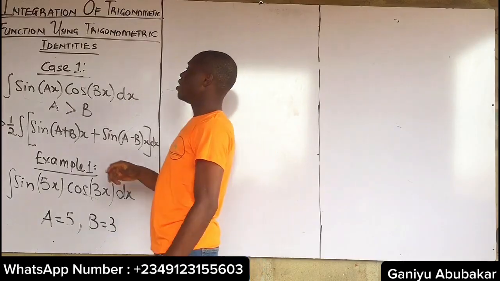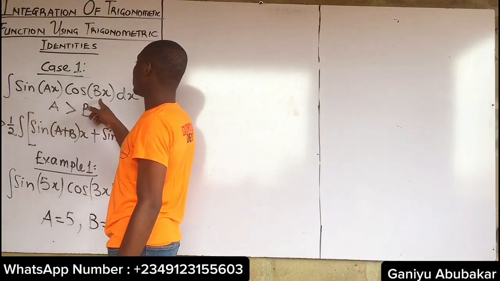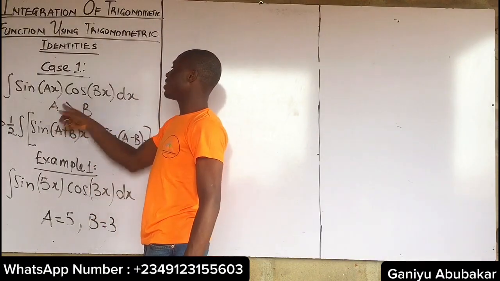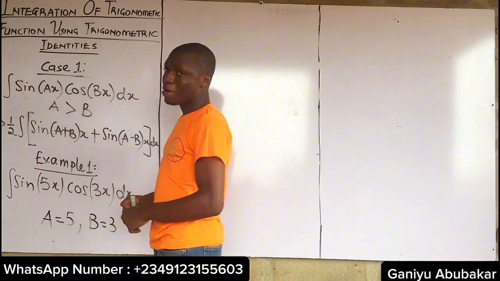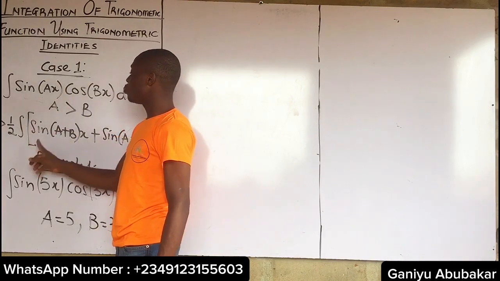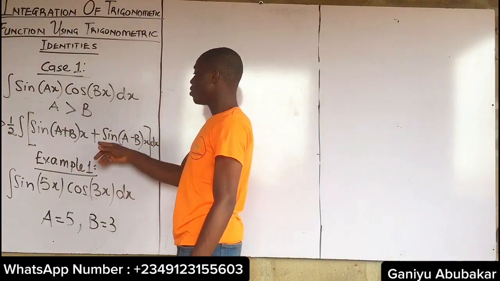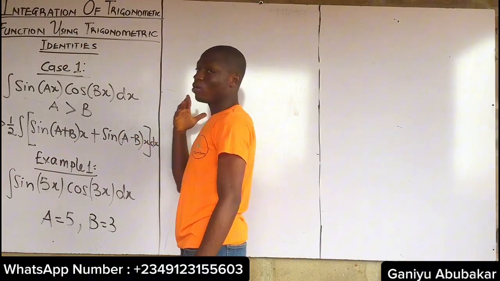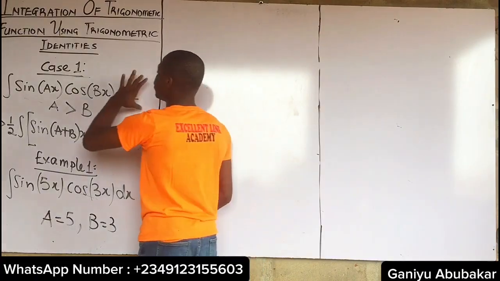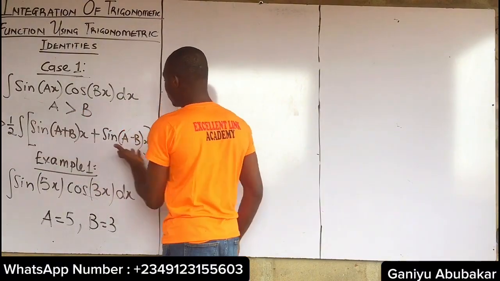If I have the integral of sine ax cos bx dx, such that the value of a is greater than the value of b, the mathematical expression becomes 1/2 integral of sine (a plus b)x plus sine (a minus b)x, with respect to x.